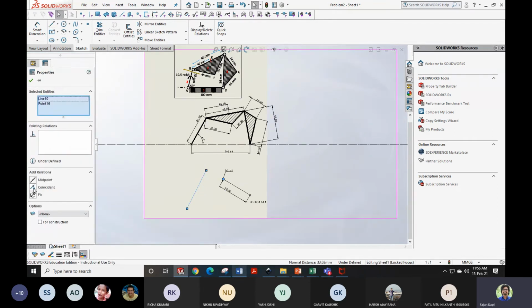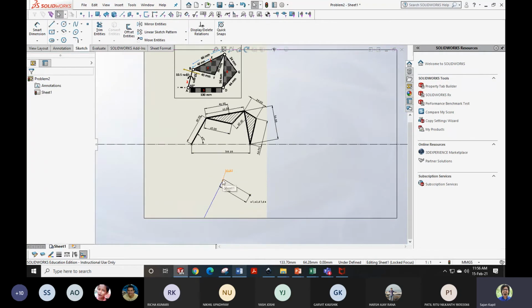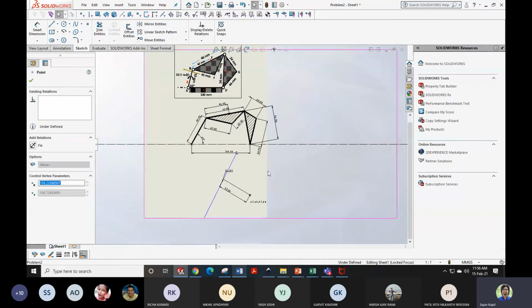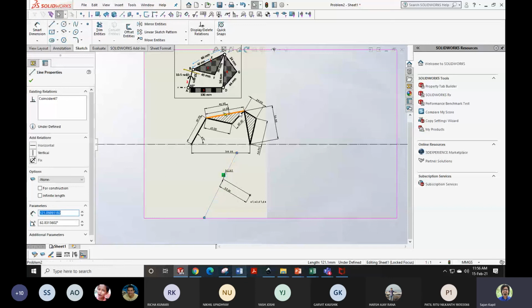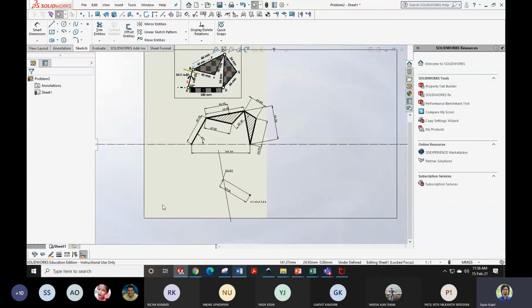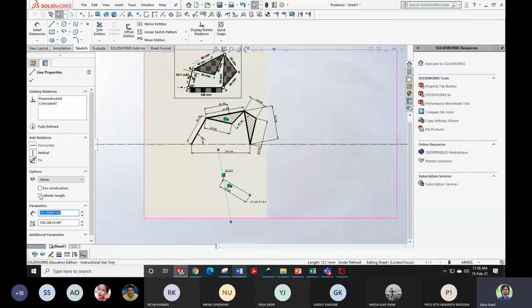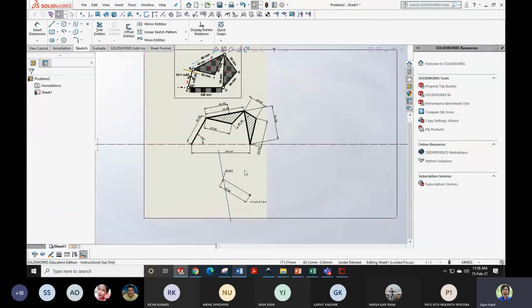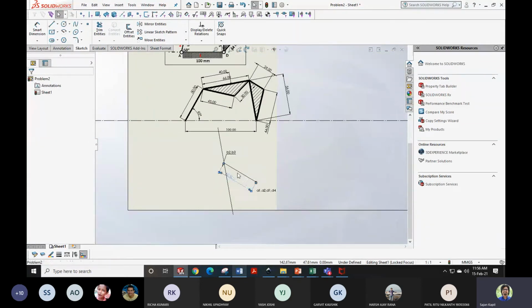It can go up and down, and it is going to be perpendicular to this line. It is of infinite length, just for construction. Now somewhere on this line, the velocity of C will be there.